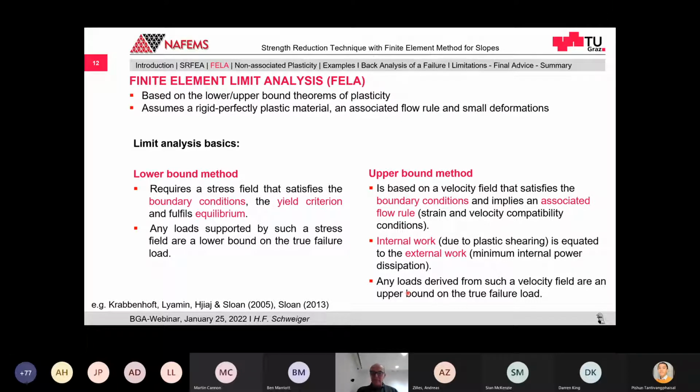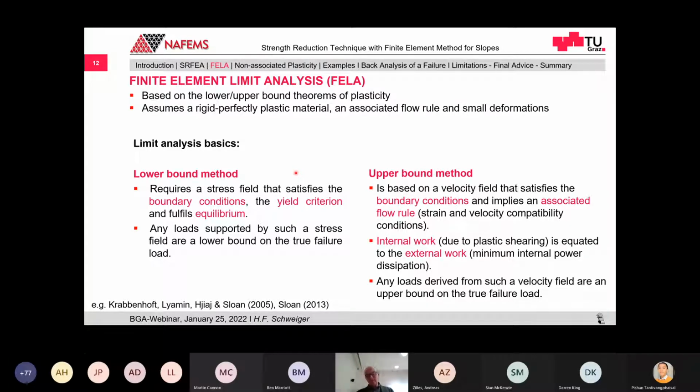So any load derived from the upper bound is an upper bound on the true failure load. What you know is that your failure load has to be in between these two bounds, but you don't know where it is.